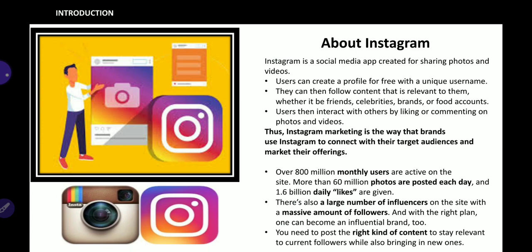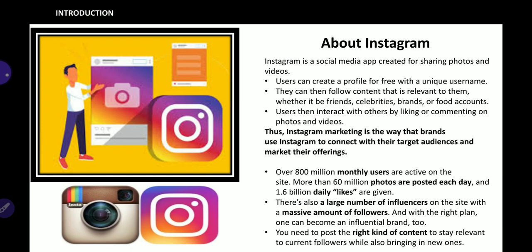Users can interact with each other by liking or commenting on the photos and videos shared by the people you follow. Thus Instagram marketing is the way that brands connect with their target audiences and market their offerings. Instagram has about 800 million monthly active users on the site.